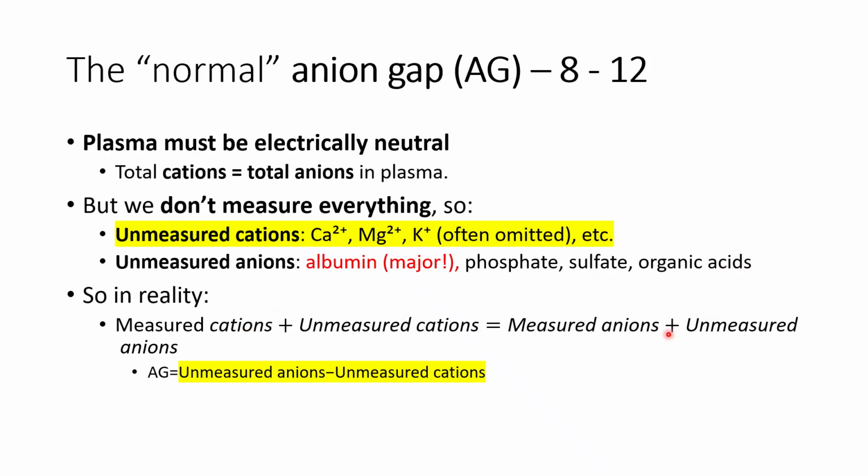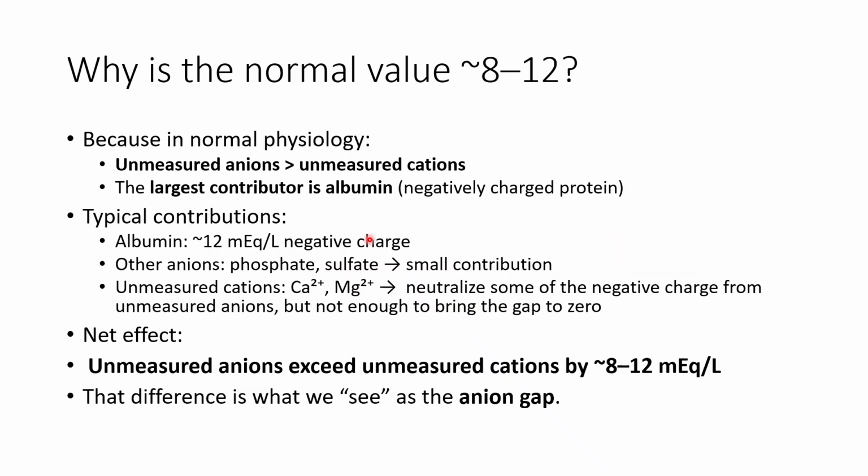And normally the unmeasured anions, that is albumin, are far more than the unmeasured cations. So again, in normal physiology, unmeasured anions are more than unmeasured cations, and the largest contributor of these unmeasured anions is albumin. Typically, albumin contributes about 12 milliequivalents of negative charge, the range of our normal anion gap, 8 to 12.